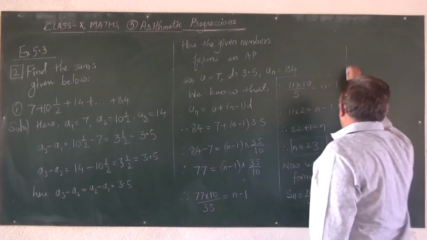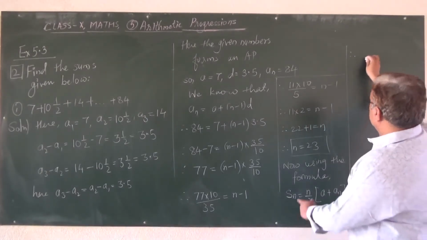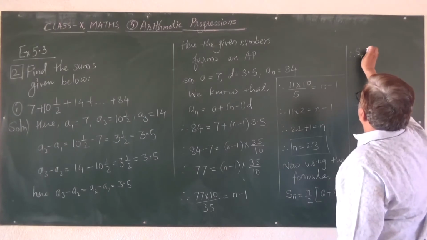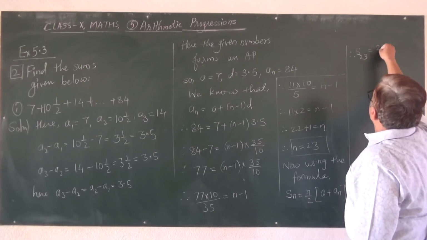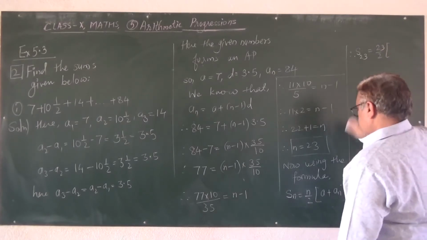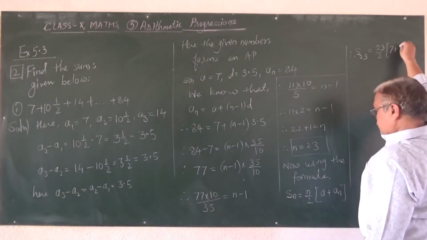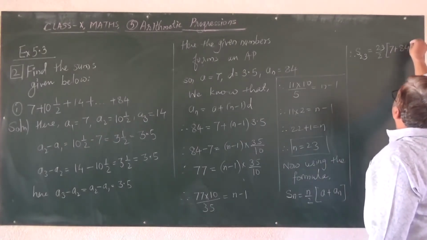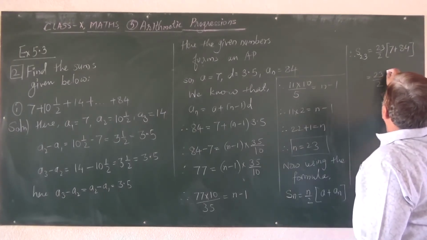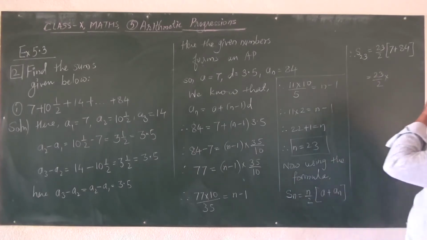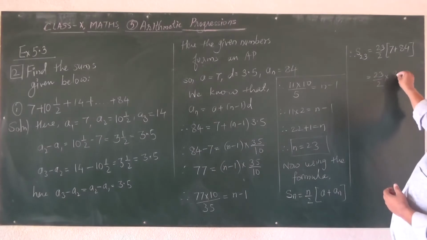So there are 23 terms, so the sum of the first 23 terms. n is 23 by 2. The first term is 7, the last term is 84. So 23 by 2 multiplied by 84 plus 7, that is 91.